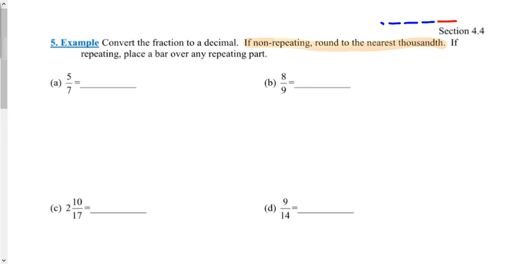But the problem is that sometimes the repeating part goes on for a while. And that's the case here with this 5/7. 5/7 is a repeating decimal, but it goes out a ways, and it actually goes out beyond the thousandths before it starts to repeat.